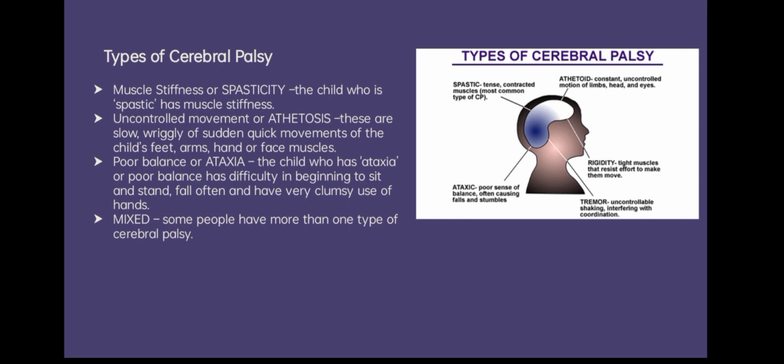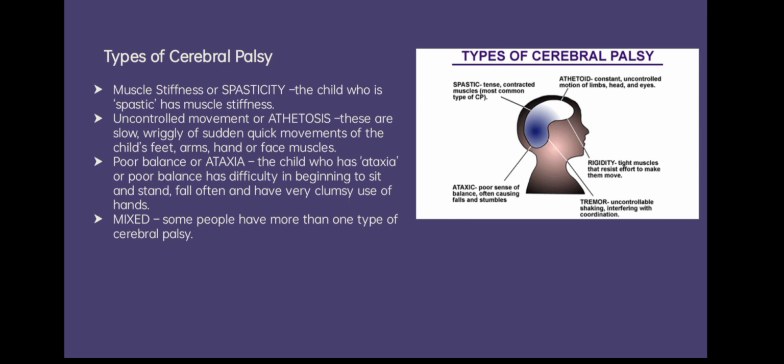Types of cerebral palsy: spastic, athetosis, rigidity, ataxia, tremor. The first is muscle stiffness or spasticity, where the child who is spastic has muscle stiffness. Second is the uncontrolled movement or athetosis.